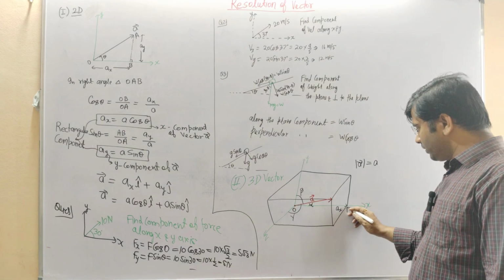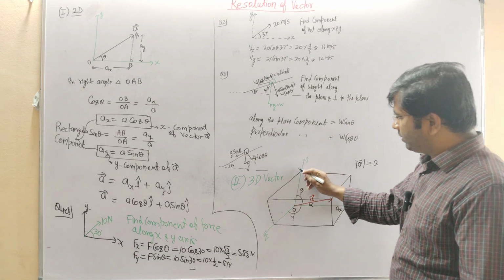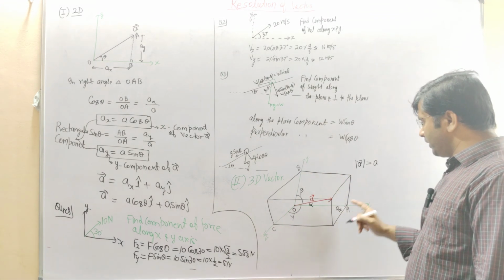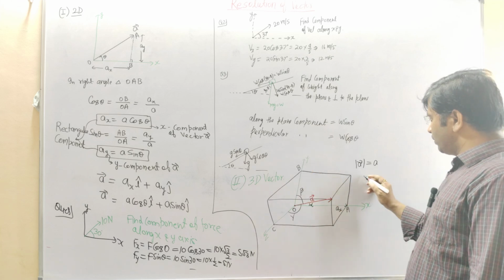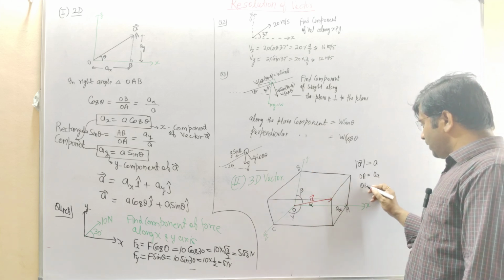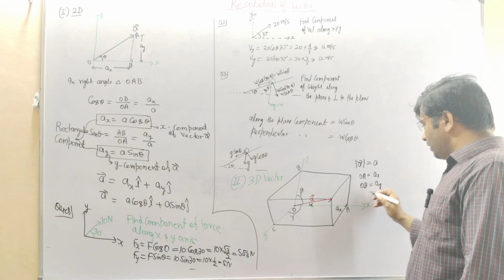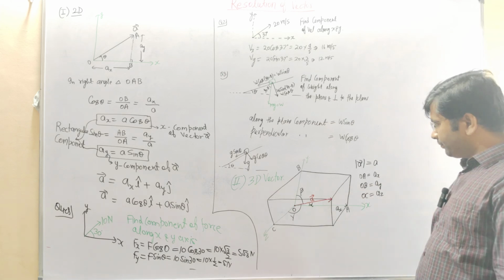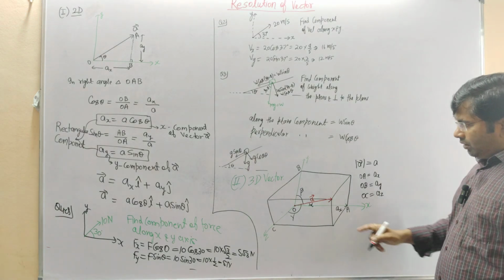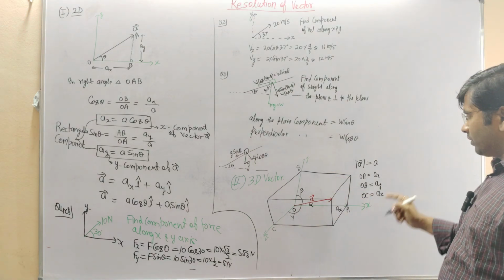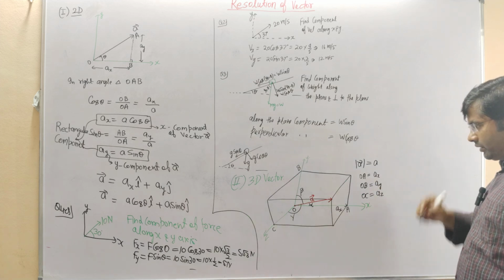So let me say this is point A, this is point B, and this is point C. The length of OA is AX, OB is AY, and OC is AZ. Here AX, AY, AZ are the components of vector A along x, y, z.